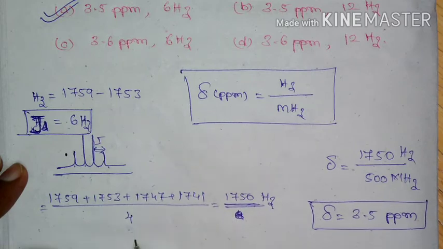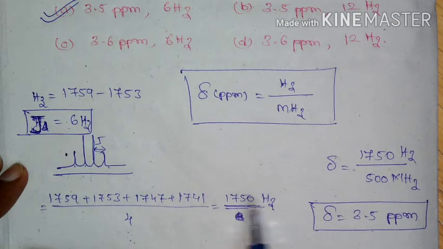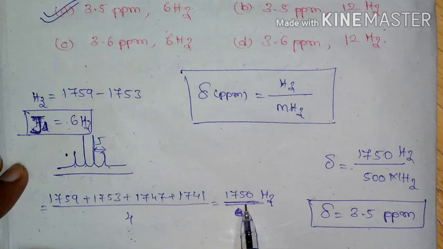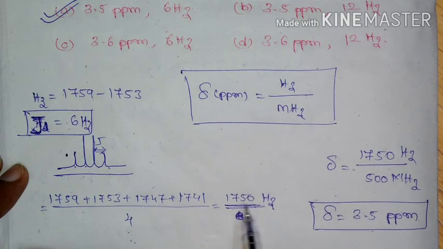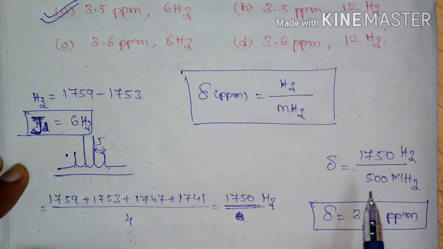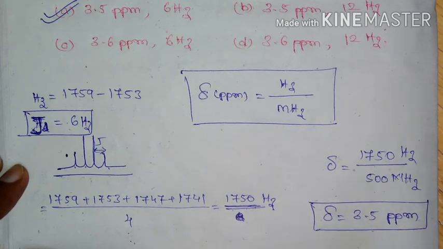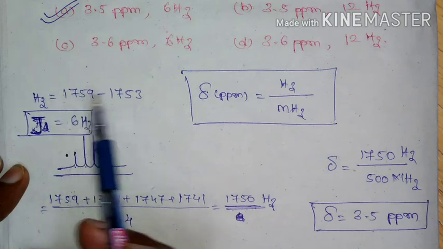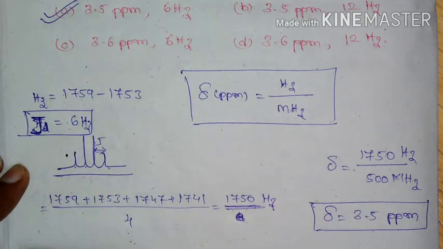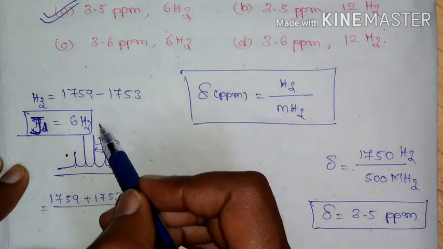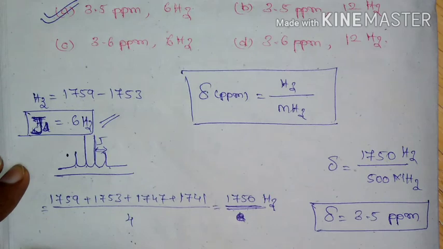So overall average will be 1750. If I divide this 1750 by the spectrometer operating frequency, that is 500 megahertz, I am going to get the chemical shift value 3.5 ppm. And since these values are given in hertz, if I take the difference of any two frequencies, I am going to get the coupling constant value.